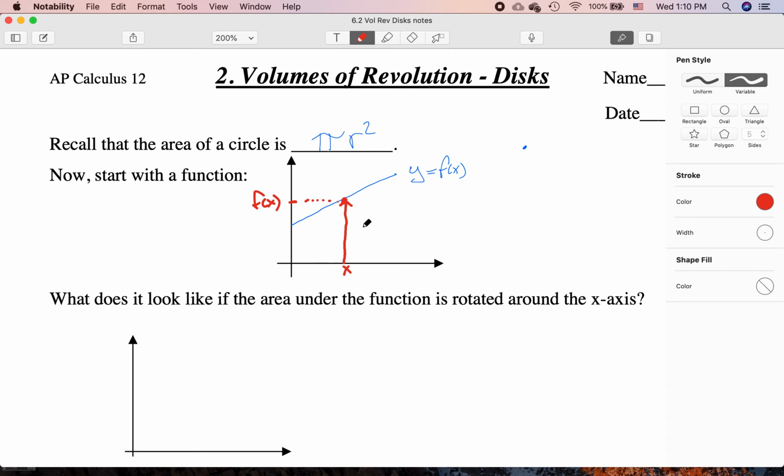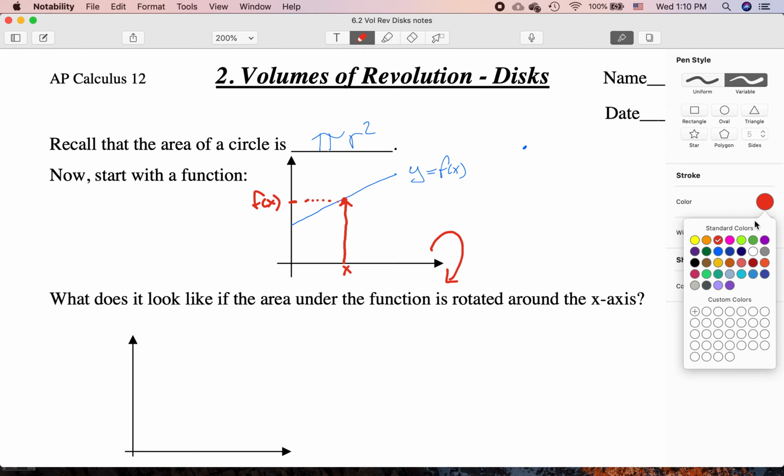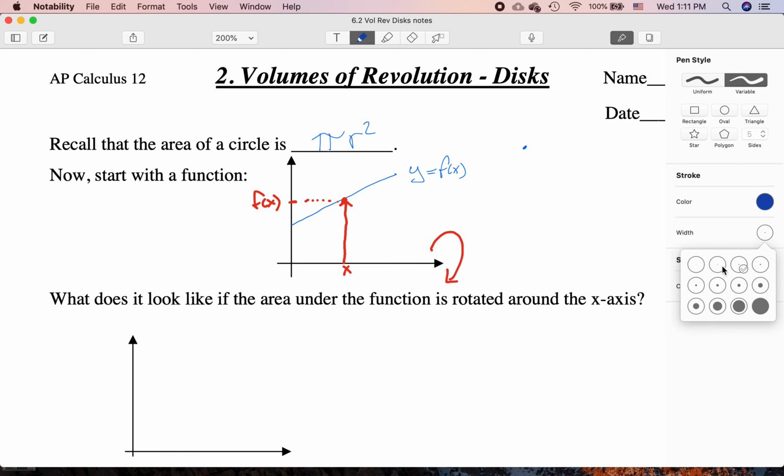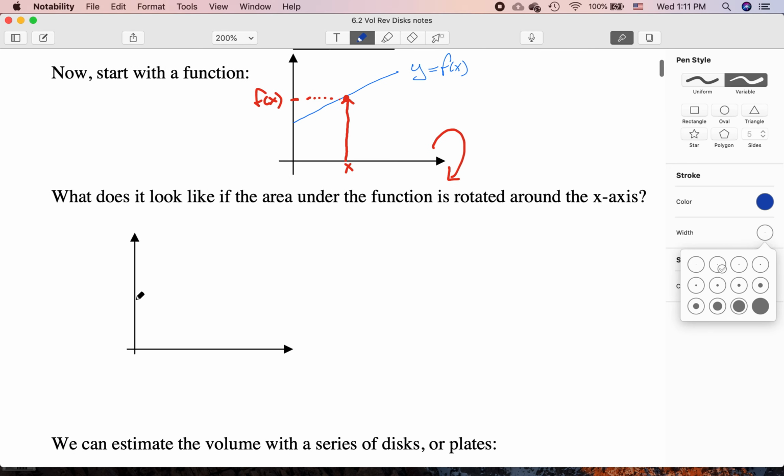So if I think about the height, and I'm going to take that and spin it around the x-axis in this direction, I'm going to get something that looks completely different. There's my function. Y is equal to some function of x, right?